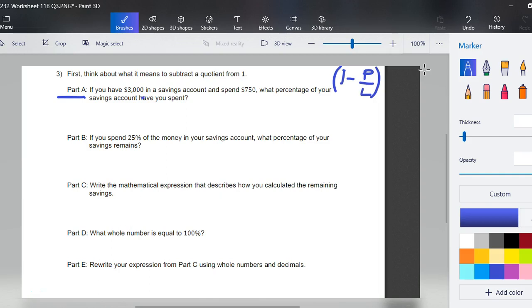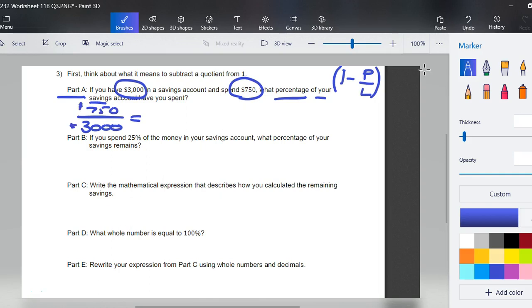If you have $3,000 in a savings account and you spend $750, what percentage of this $3,000 have you spent? Well, I spent $750.